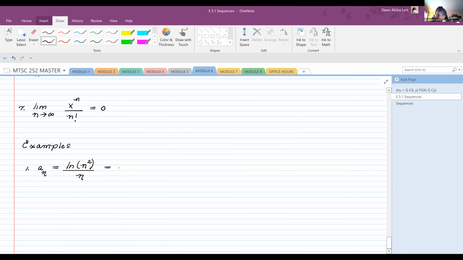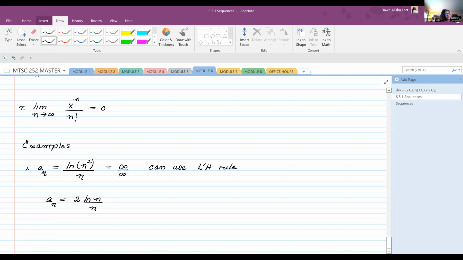We know we're going to get infinity over infinity, so you can use L'Hopital's rule. But if I use properties of logarithm, this just becomes 2 times the natural log of n over n.